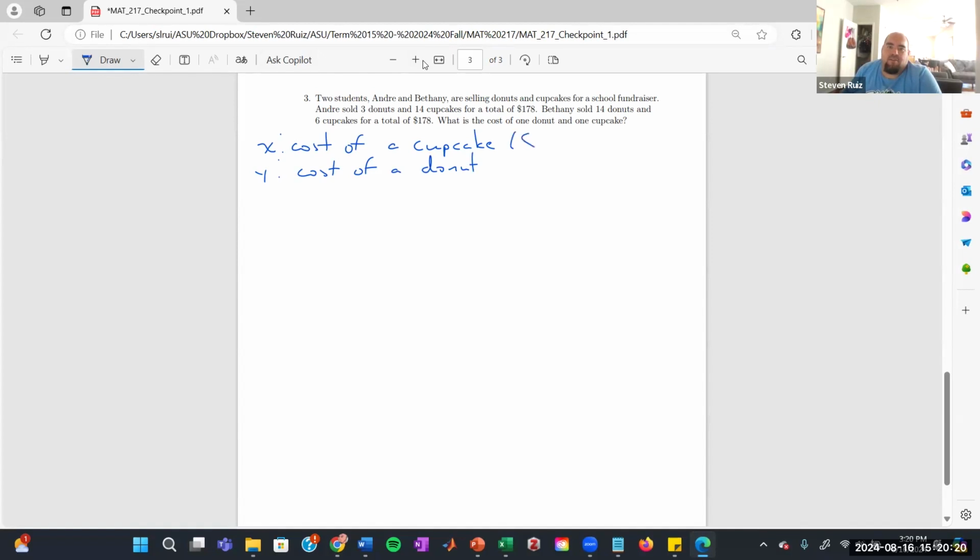Both of these things are going to be in dollars. So I have two unknowns. I need two equations. Where are my equations going to come from? I have two students and they sold stuff.